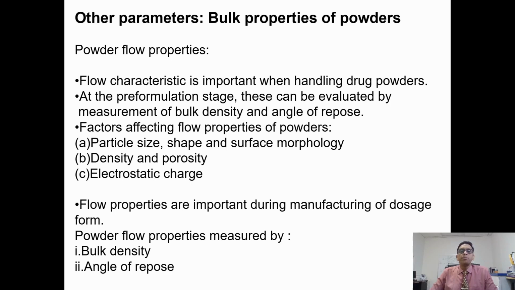One is bulk density analysis, and another is angle of repose. The factors affecting the flow properties of powders are basically particle size, shape, surface morphology, density, porosity, and electrostatic charges.